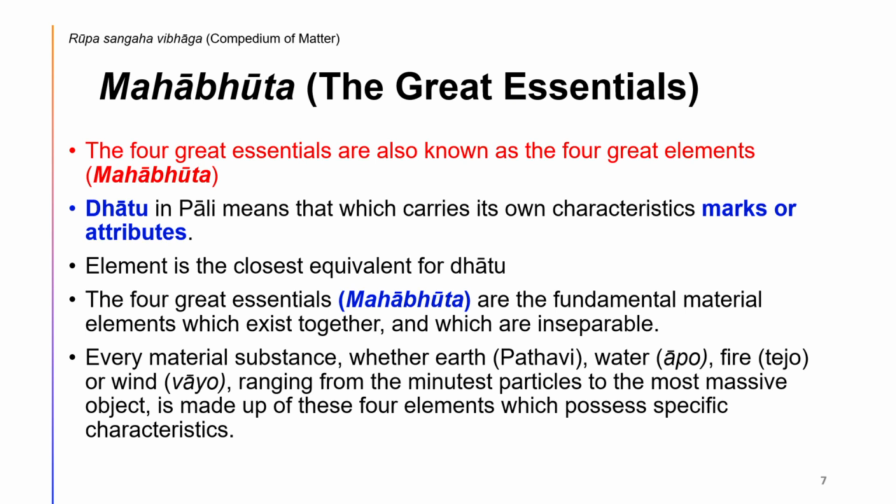Every material substance, whether earth, water, fire, or wind, ranging from the minute particles to the most massive object, from the smallest thing to the biggest object, is made up of these four elements, which possess these specific characteristics. So we must know all these four essentials well.